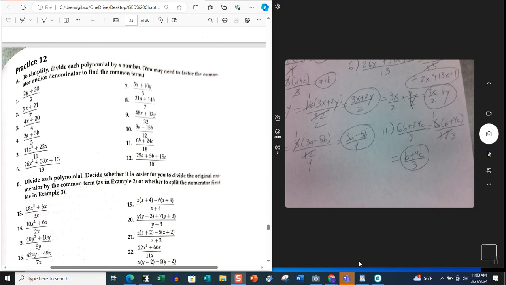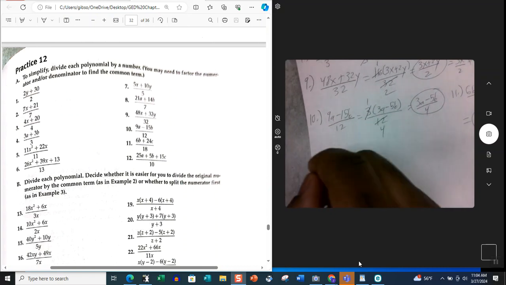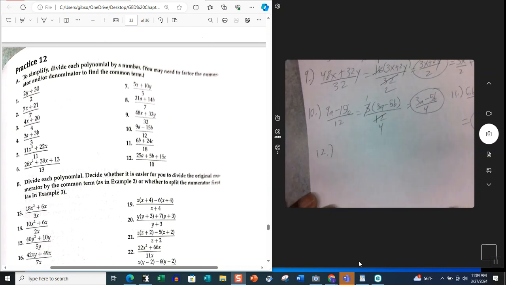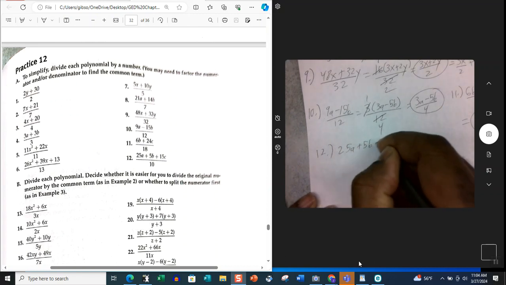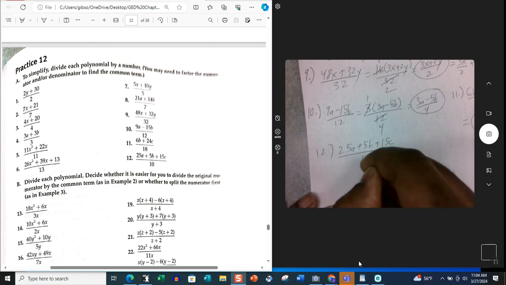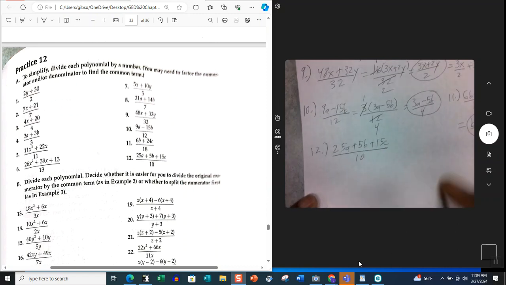Now we go here to problem number 12. Problem 12, we had 25a plus 5b plus 15c all over 10. Now, if you look in your numerator, the greatest common factor of these three terms is 5.